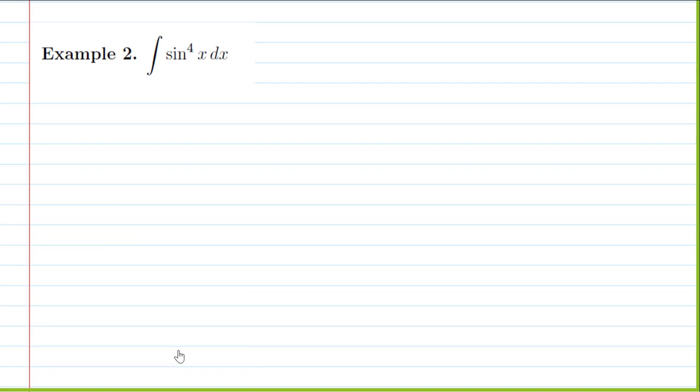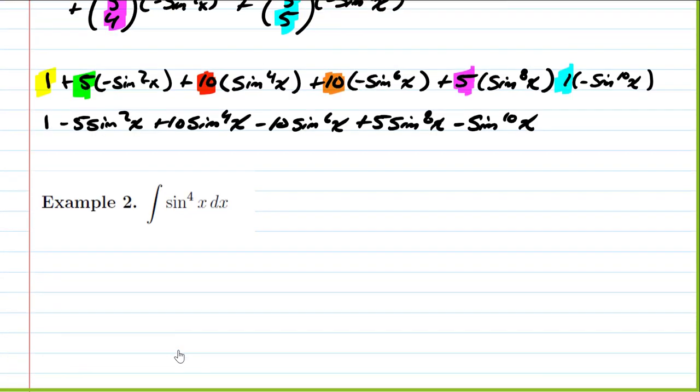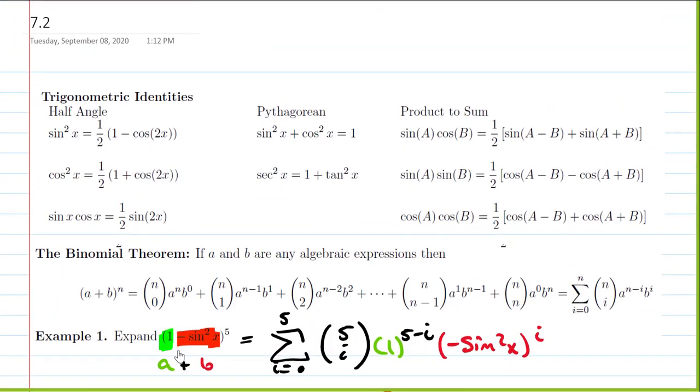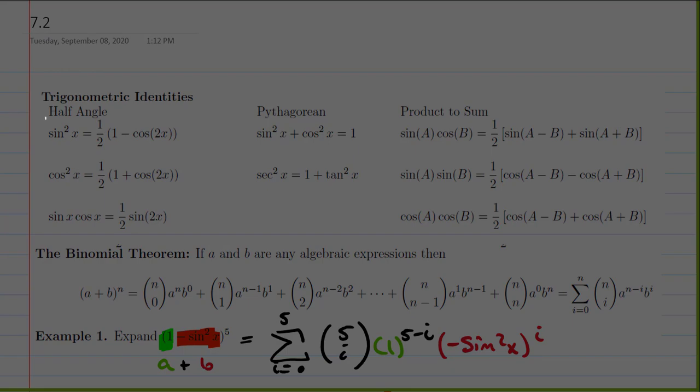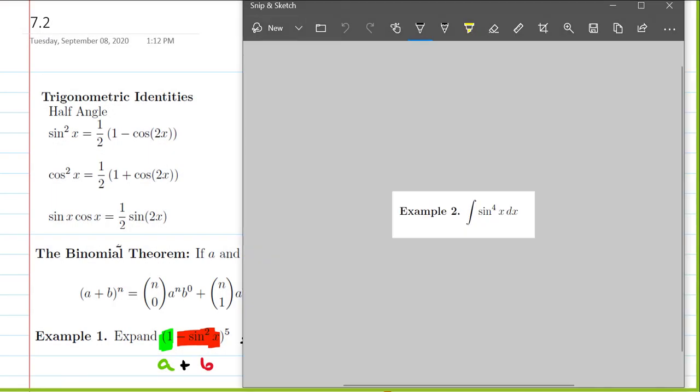All right, so to integrate sine to the fourth power x dx, we are going to have to use one of our trigonometric identities. So for this first one, we're going to need to use the half angle identity right here.